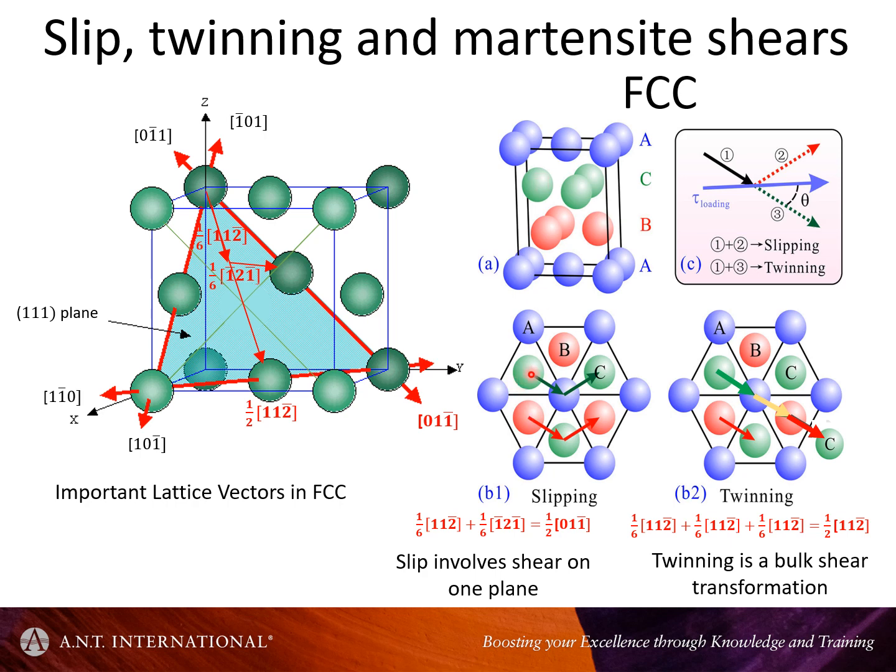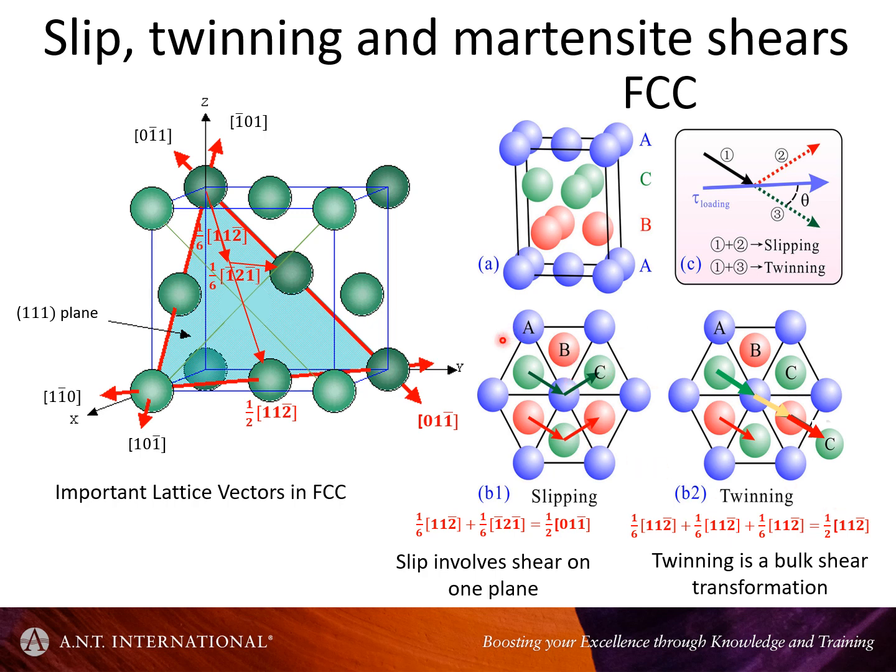This green atom in this C layer can move in this direction in a partial, and then it will be sitting directly over the blue atom in the A layer. And then when it moves again in a different partial, the sum of the two is a perfect dislocation, which is half <110>. It brings the lattice back into register. So you go from this site to this site to this site. And again, using the ball models, it's easily demonstrated, and it's easy to see this as opposed to this projection.